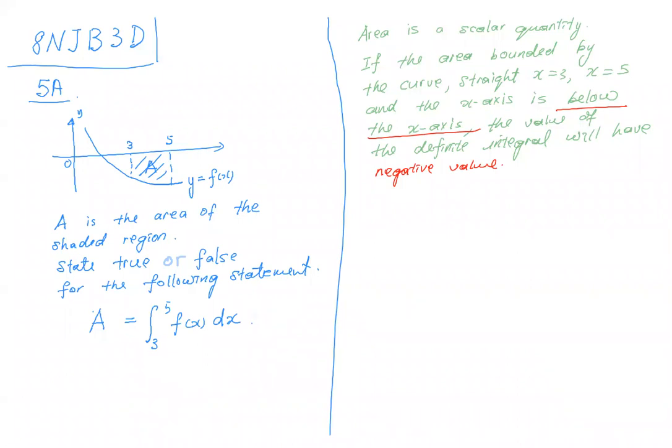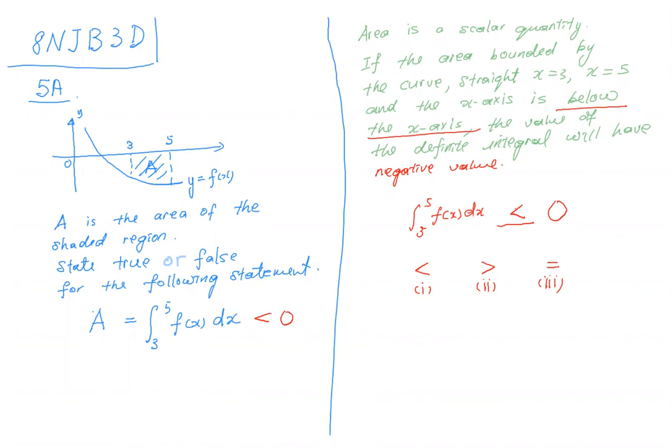I know this value is less than 0. I know that if I integrate from 3 to 5 f(x) dx, now you fill in the blank with this one or this one. 1, 2, or 3? 1. Okay, it's 1. So this is less than 0.